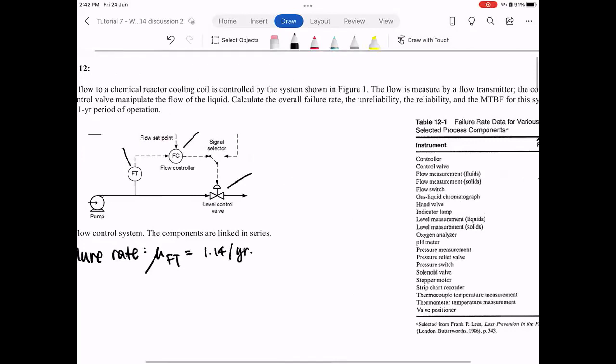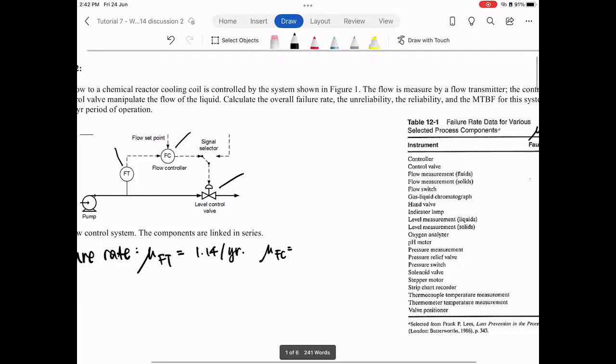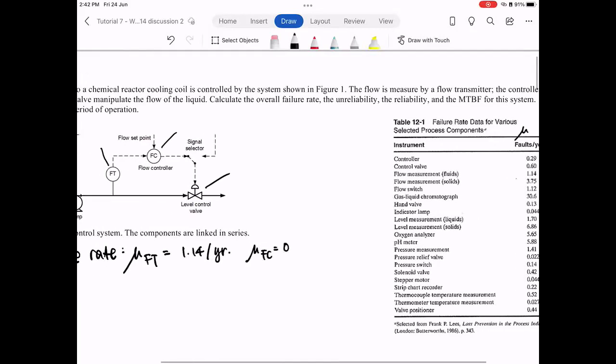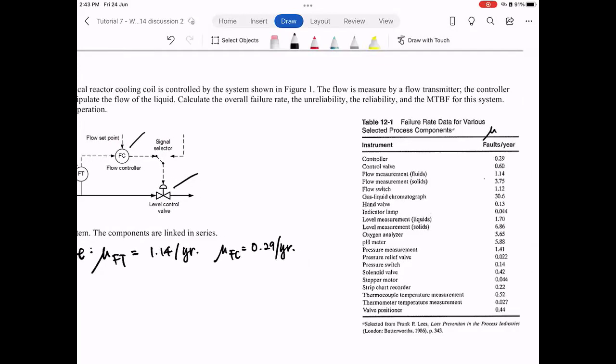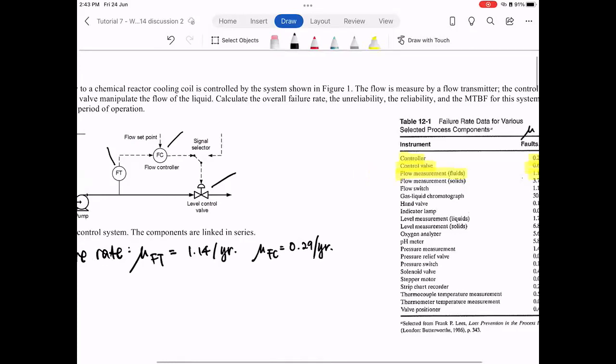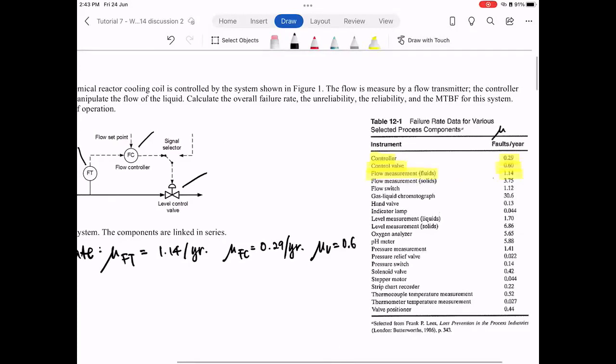The flow controller is 0.29 faults per year. So the controller is 0.29 and the flow measurement, which is our flow transmitter, is 1.14. The control valve is 0.6, so the mu for the valve is 0.6.